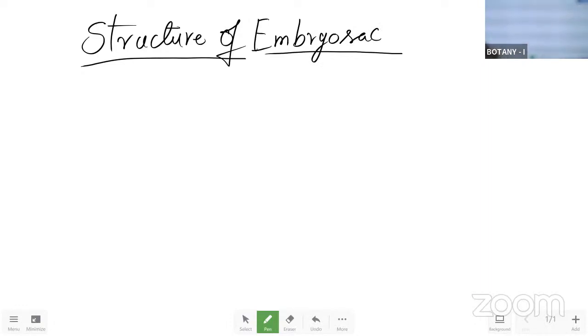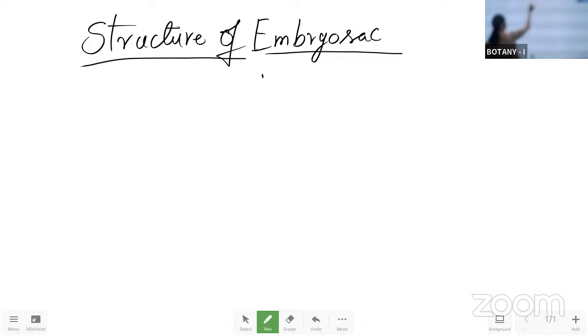Here, they will ask the question, describe the embryo sac structure, or whatever it may be. So in that, the answering technique, the first thing we have to write is the structure of embryo sac. Okay. So, now, after this, draw the diagram.